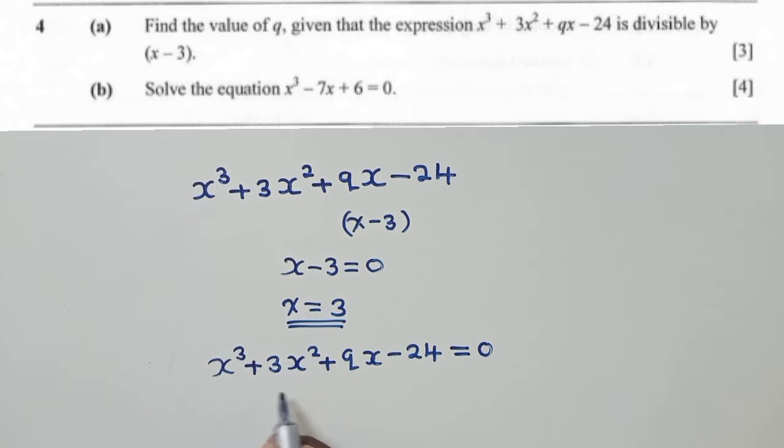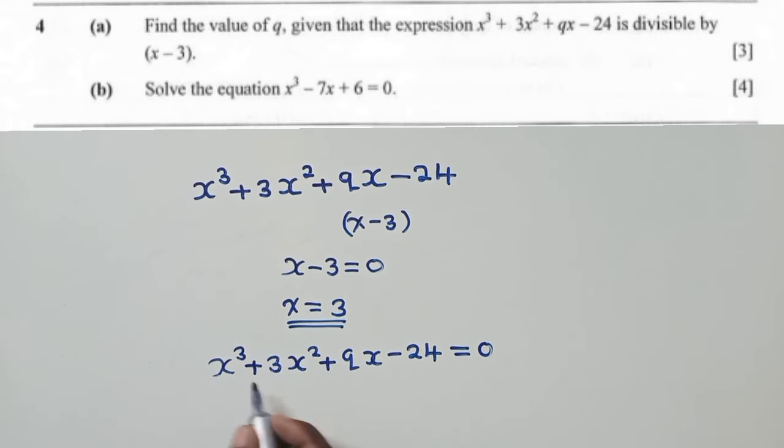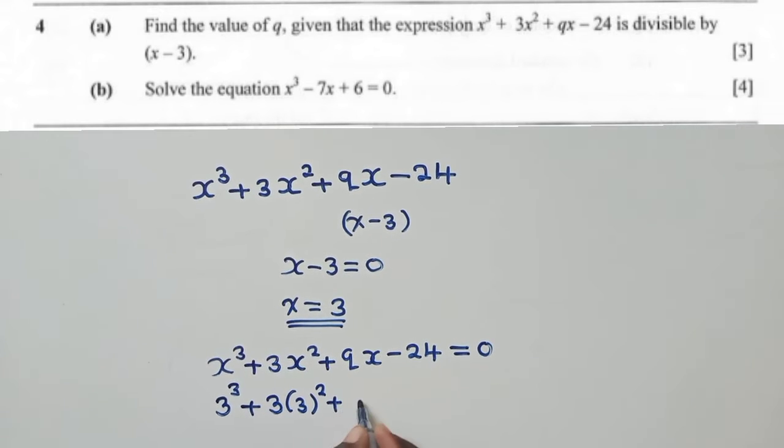Once we do this, we can now substitute the value of x, which is 3, to solve for q. So our 3 will be substituted here, and we shall have 3 cubed, plus 3 times 3 squared, plus q times 3, minus 24 is equal to 0.